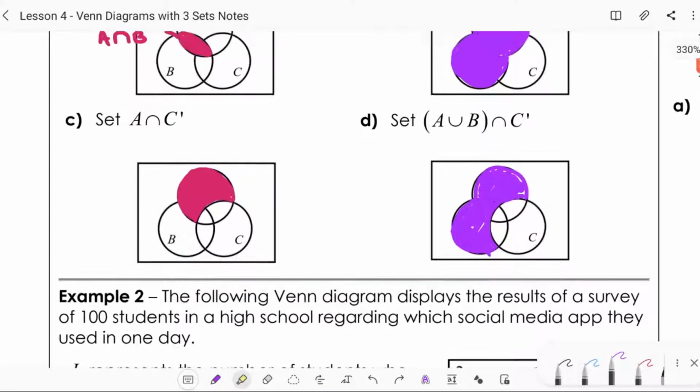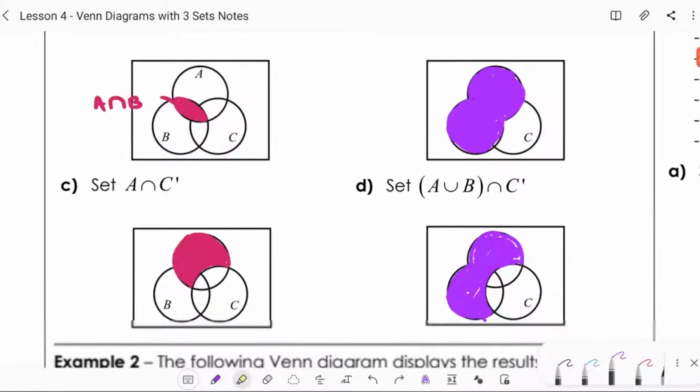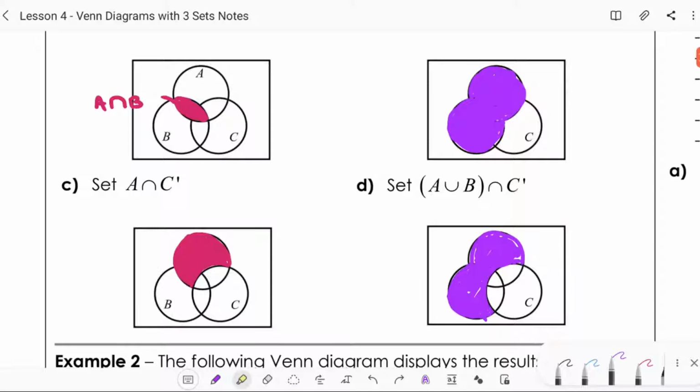So, right, notice there's a few intricacies, a few new areas we need to worry about, a few ways that things can overlap, but also we don't need to stress it too much, right? If I'm talking about some interaction between set A and the complement of C, it doesn't tell me anything about B, so I don't need to stress too much about if things do or do not overlap with B.